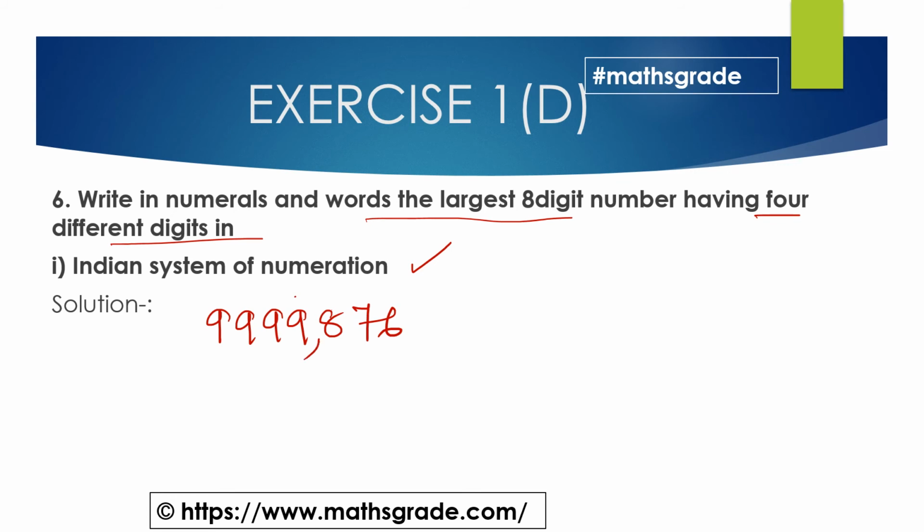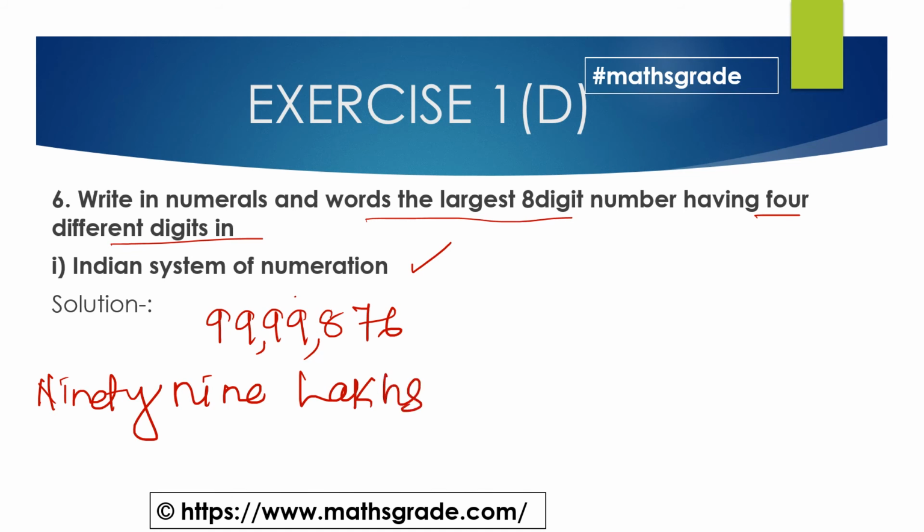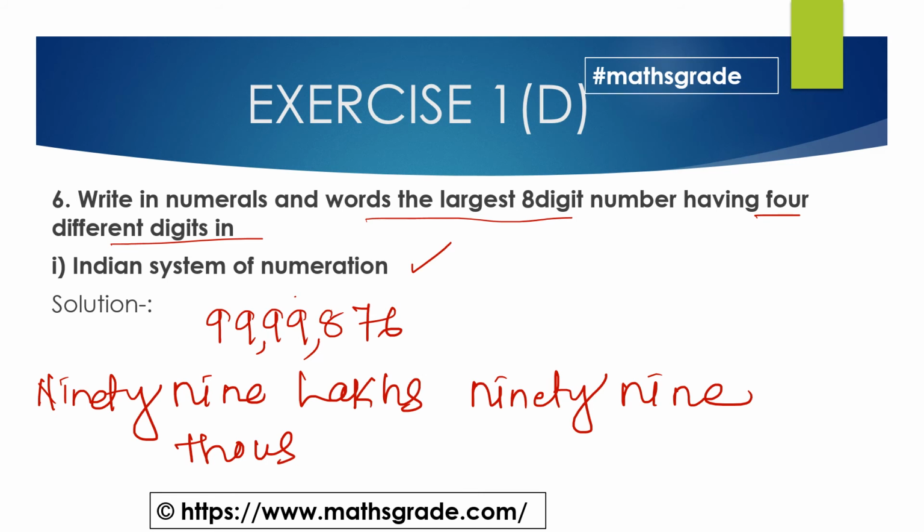Placing the comma here in the Indian system, we have to place the comma after 2 digits in the thousands place and the lakhs place. This will be 99 lakhs 99,876.